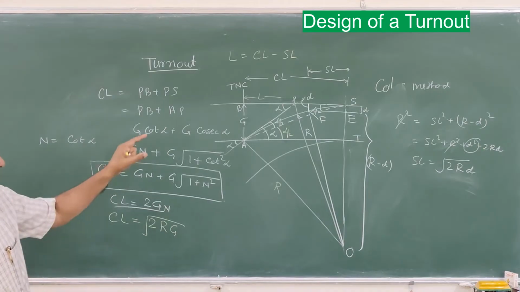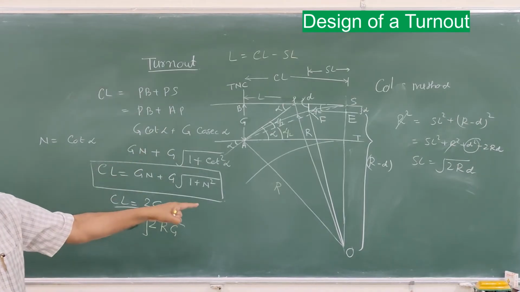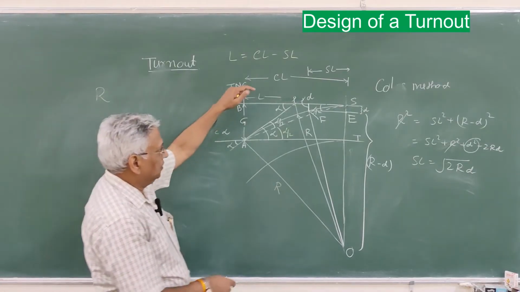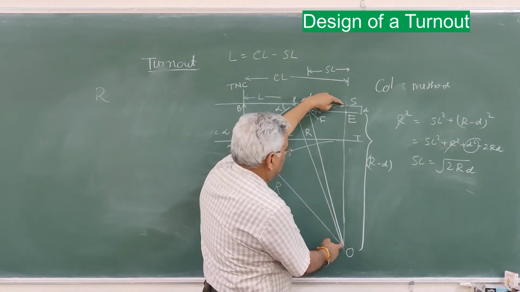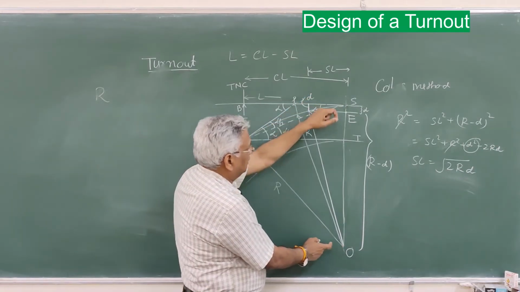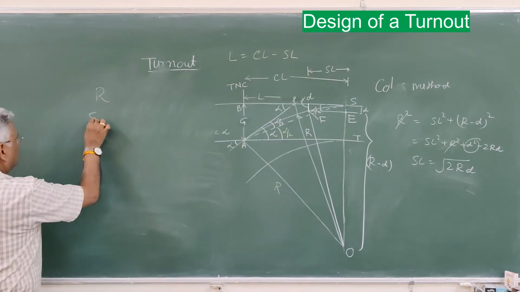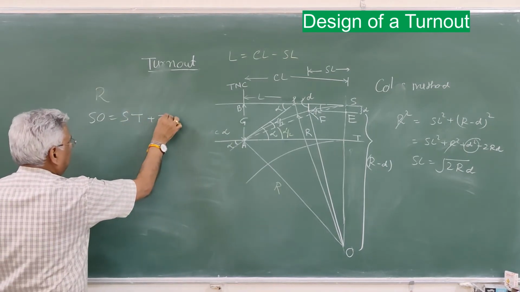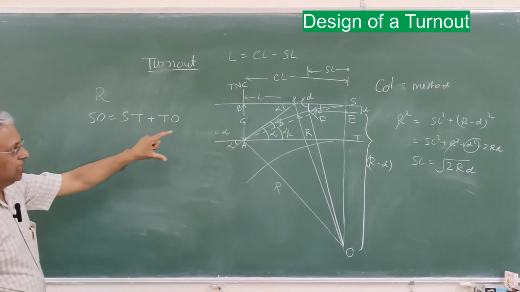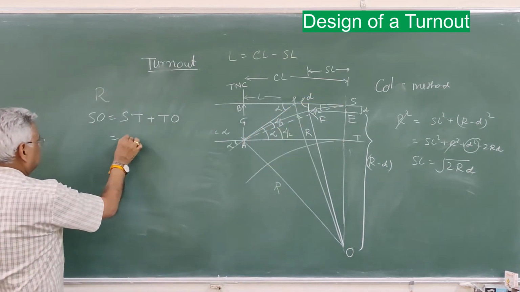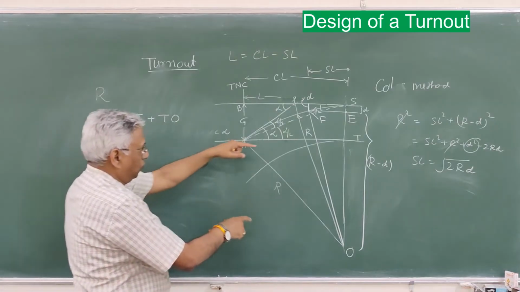Another important consideration here is the radius of the curve. Radius R. Now this R you can take SO. SO is ST plus TO. ST is the gauge, G, plus TO.